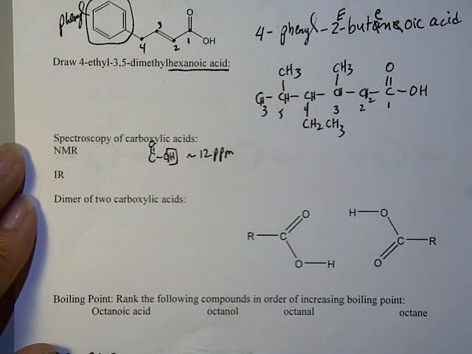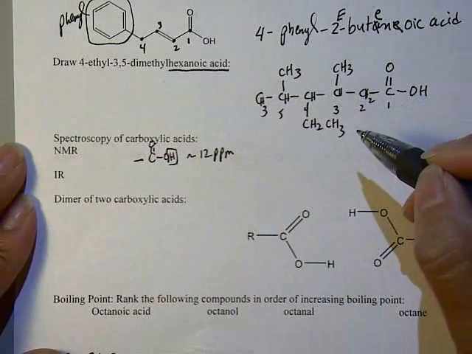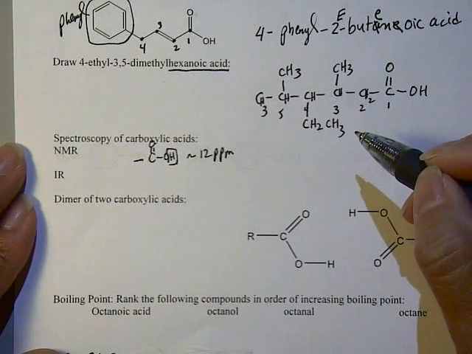And remember, because it's exchangeable, it's probably going to show up as a broad singlet. And in D2O, most likely you're not going to see it because it will exchange with the deuterium. All right, so that's one way to see this peak.